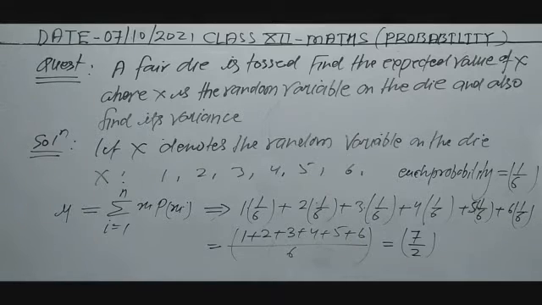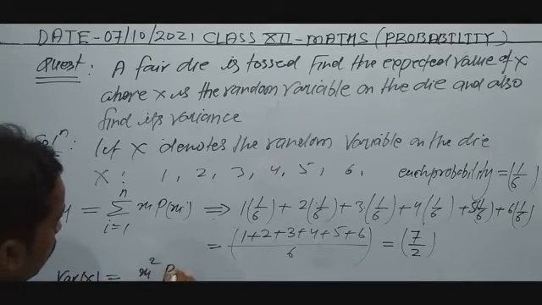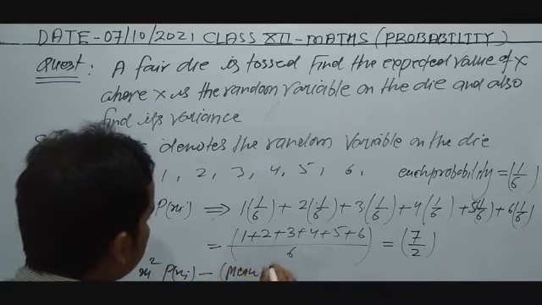Now suppose you have to calculate variance. So what will be the variance? You know the variance formula: variance of x is equal to sum of xi square p of xi minus mean square.